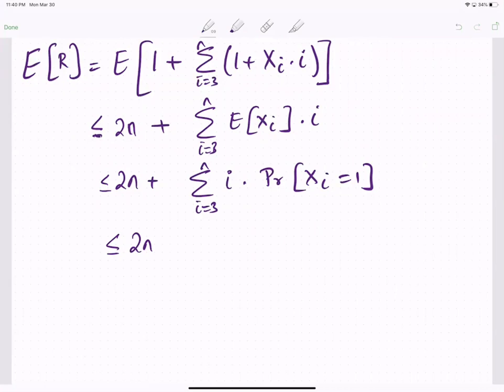Yeah, maybe 2n, but that's okay. Well, okay, so now we already have a good upper bound on this. So let's just plug that in.